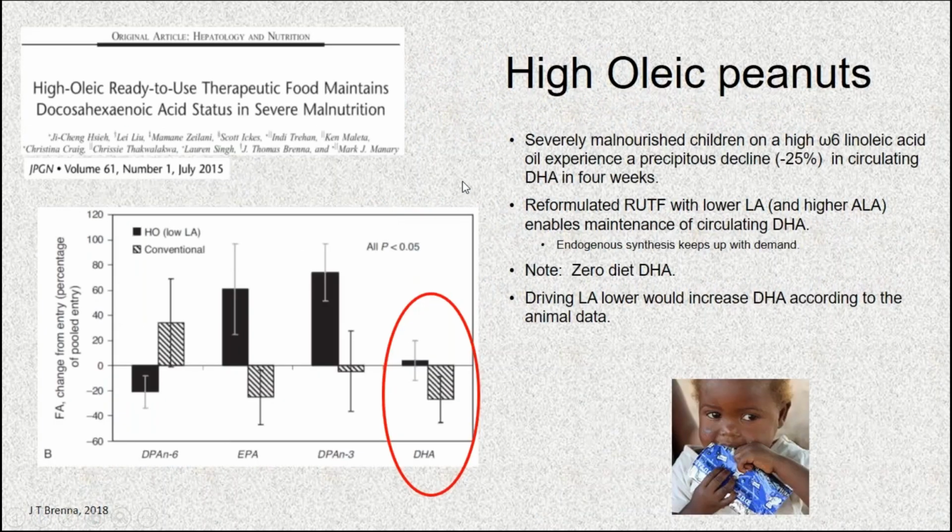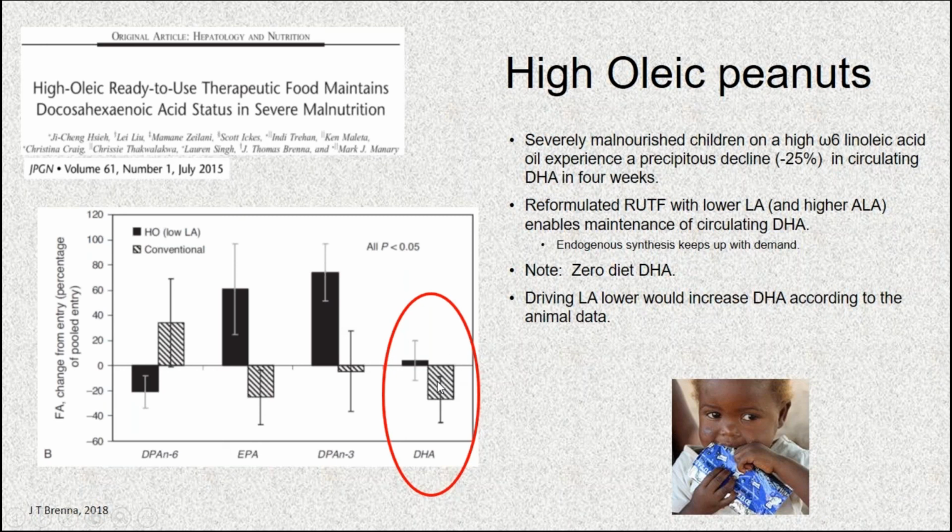And that plays out in kids. So this was a study we did in 2015. We're continuing on with some of this. These were kids with severe acute malnutrition in the African country of Malawi, and the ready-to-use therapeutic foods that were used at that time. Some of them had very high amounts of omega-6, and when you put the kids on them, you got a dramatic decrease in DHA, which had never been looked at, interestingly.